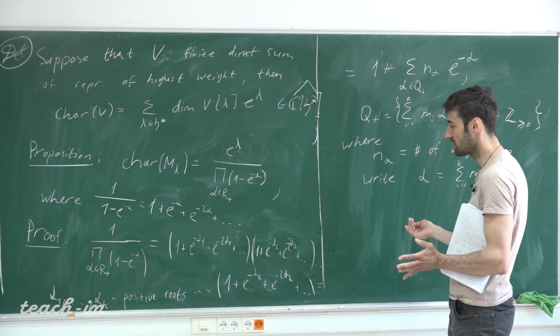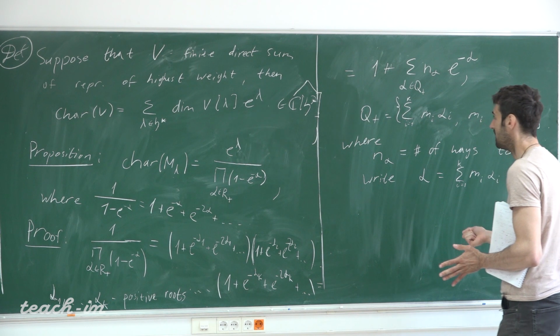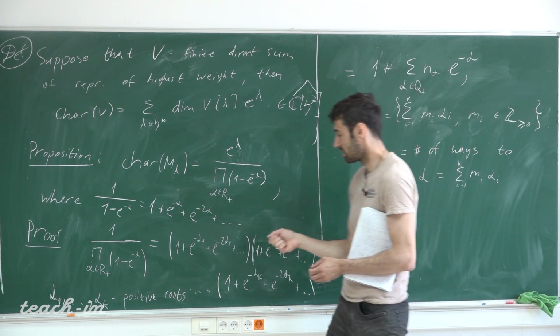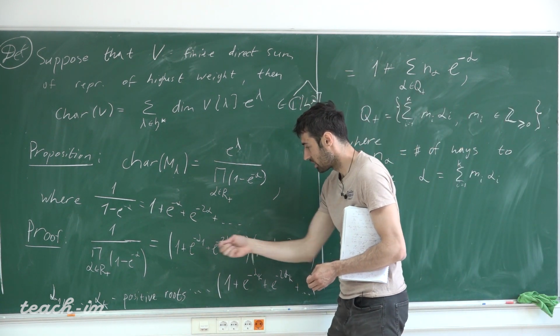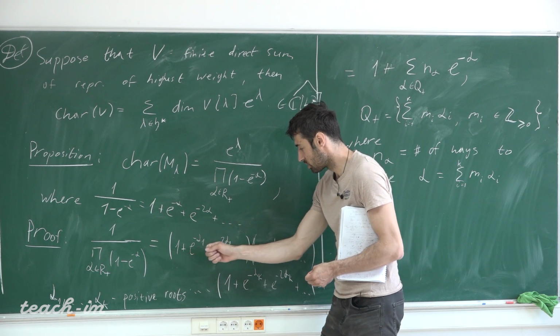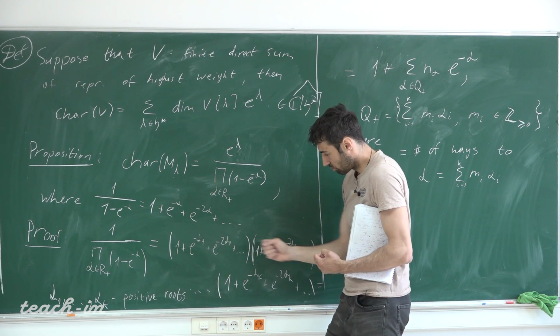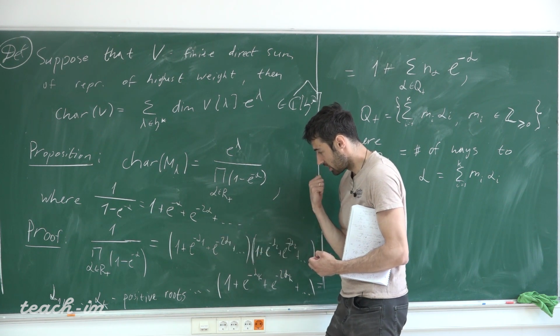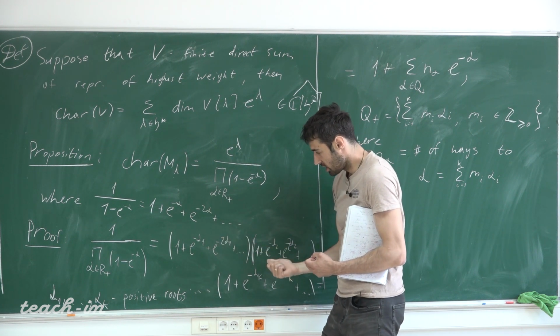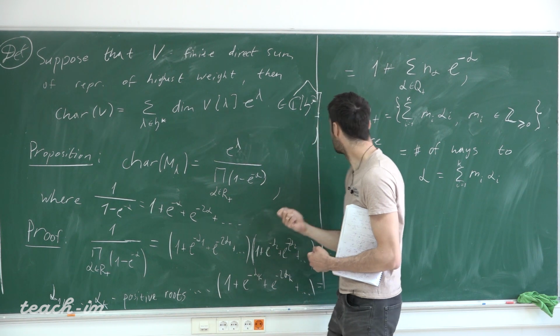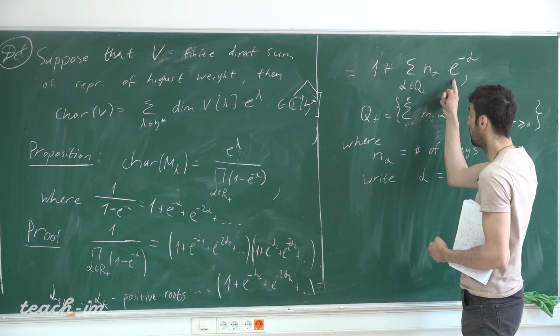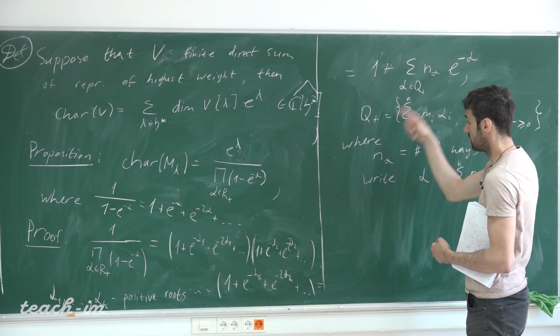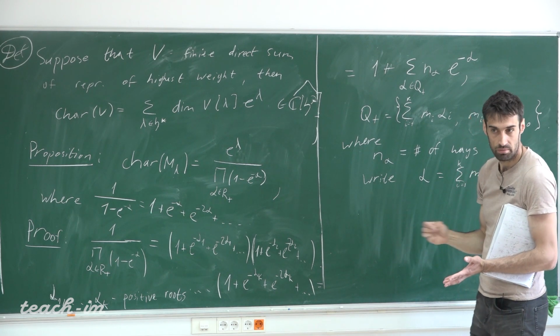So the number of possible ways to choose one term from each factor such that the corresponding sum is my alpha is exactly the coefficient of e to the negative alpha in this expression. All right.